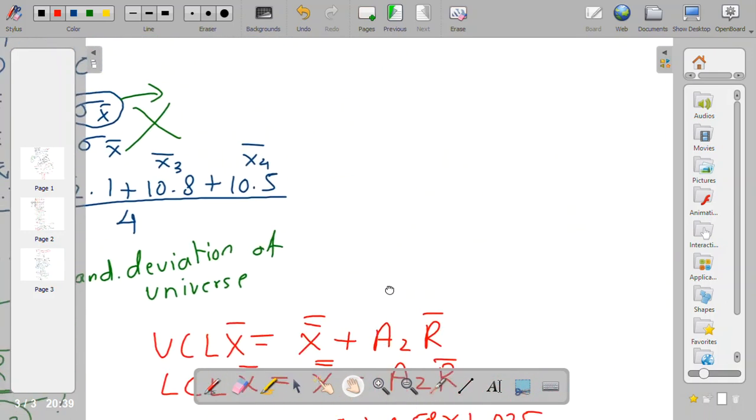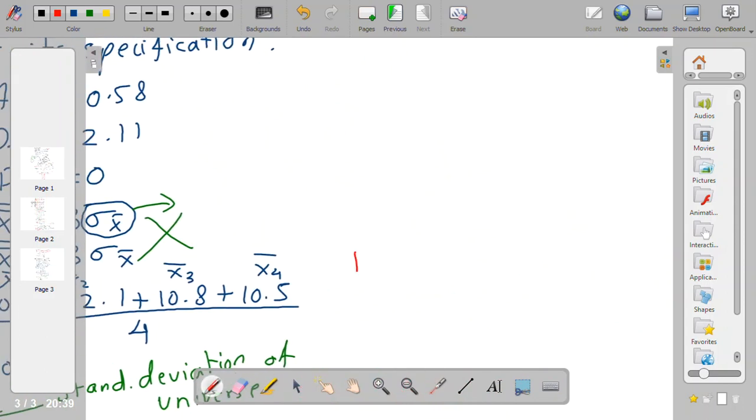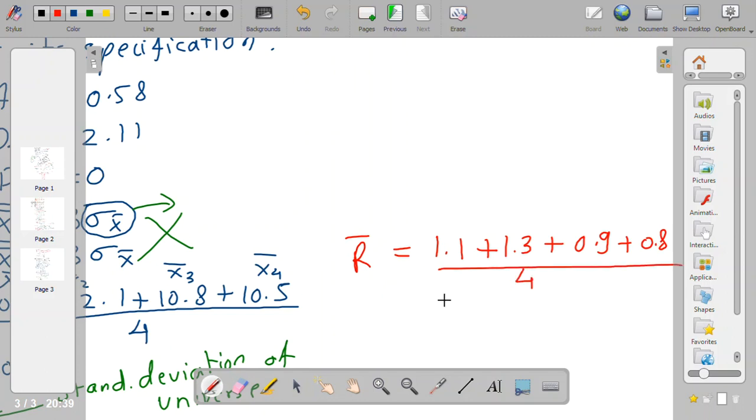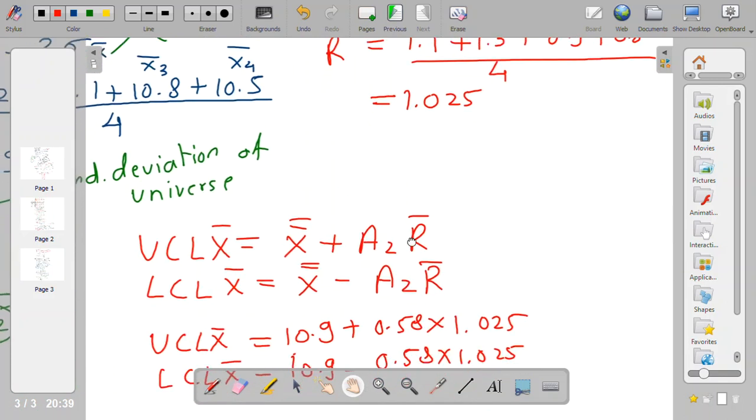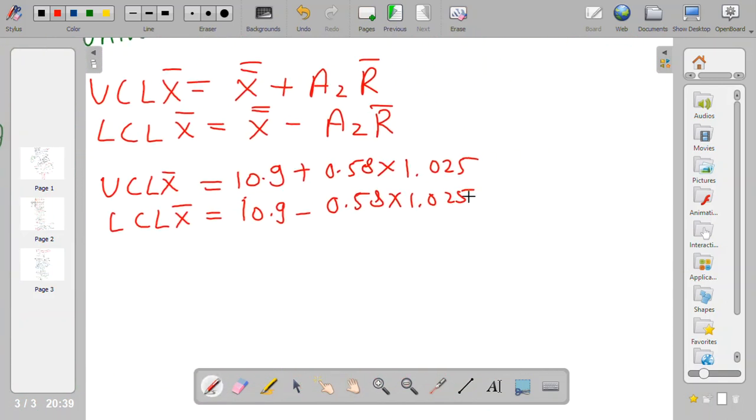So what is the value of R bar? R bar equals 1.1 plus 1.3 plus 0.9 plus 0.8 divided by 4. You will get around 1.025. Just check this. The values are 11.49 and 10.30.